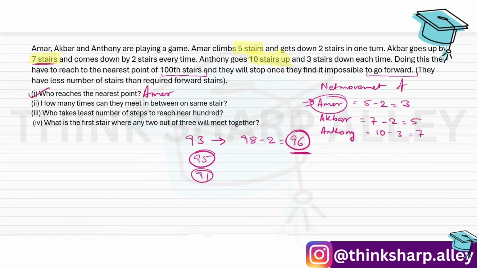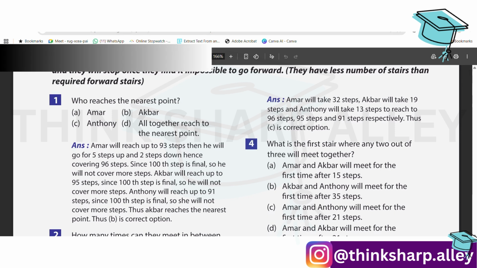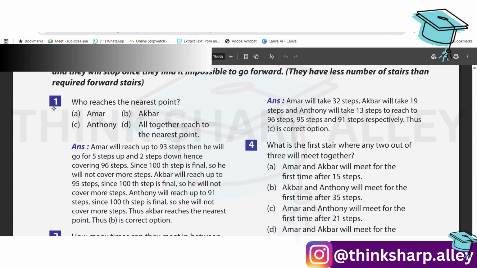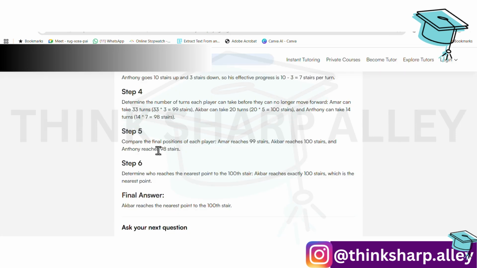Now I'll show you some sites where I have found wrong answers. For example, in this question, you can see it's written that B is the correct option, which means Akbar is the correct option. So that's wrong. And this is another website where they have broken down the solution into different steps and said Akbar reaches the nearest point to the 100th stair, because they have written here, see step number 4, that Akbar can take 20 turns and Anthony can take 14 turns.